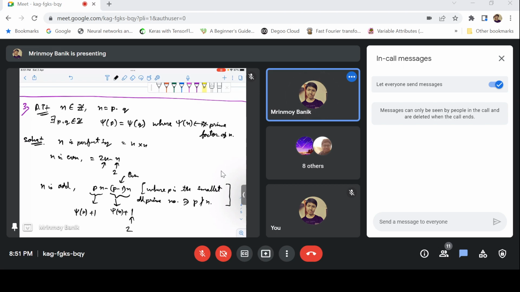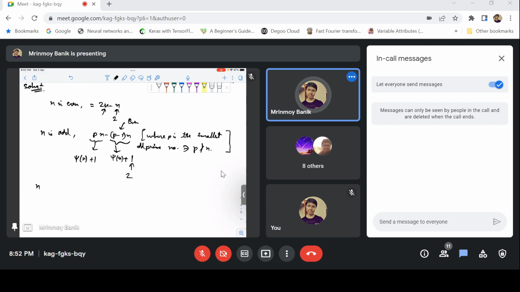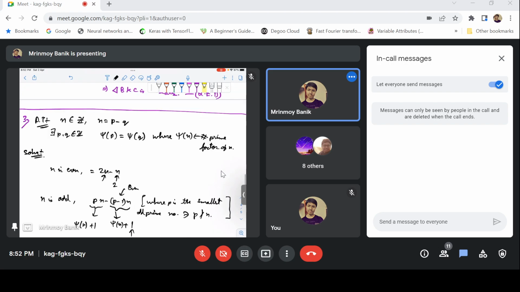So just define n equals 2n minus n when n is even, and equals pn minus n when n is odd, where p is the smallest such prime.